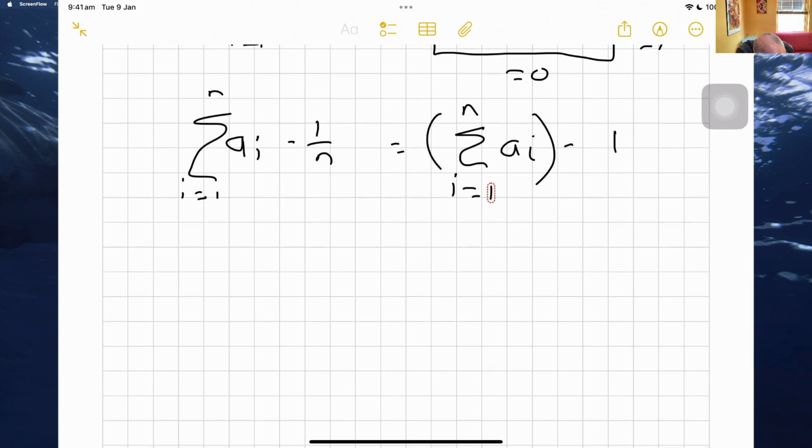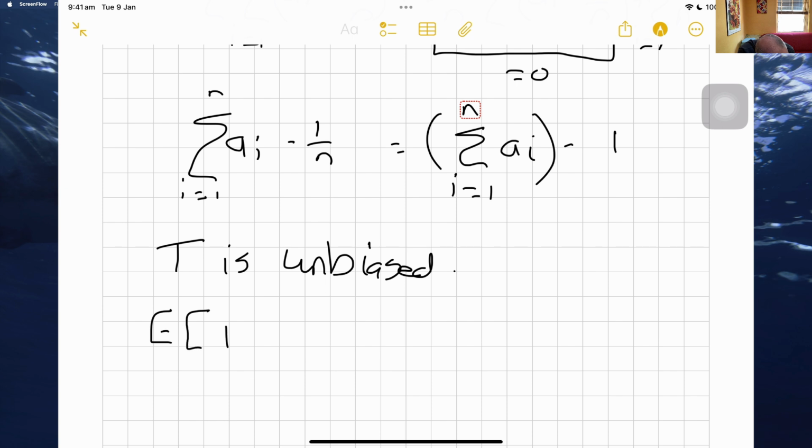I said that t is unbiased, which means the expected value of t is equal to mu.